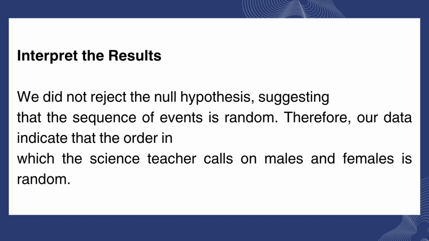Therefore, our data indicate that the order in which the science teacher calls on males and females is random. So, the interpretation is that the study provides evidence that the science teacher was demonstrating no gender bias.